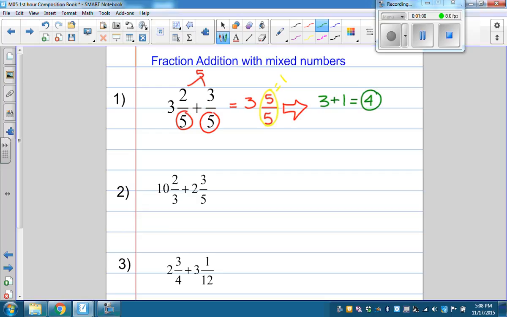Most of the problems you're going to do aren't that easy. So when you don't have a common denominator, we want to go back to our tools. So some of our tools are lists, like listing common multiples.